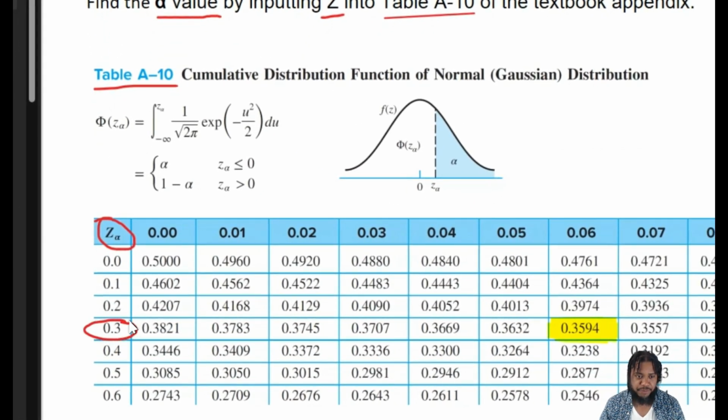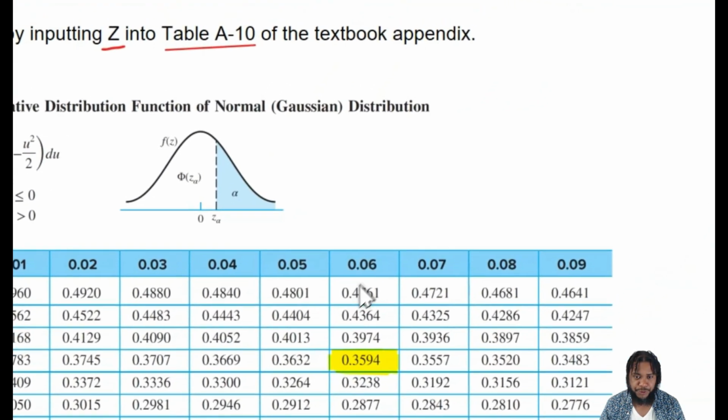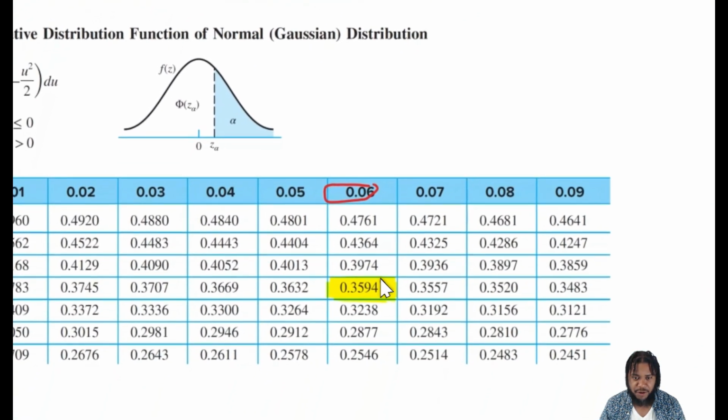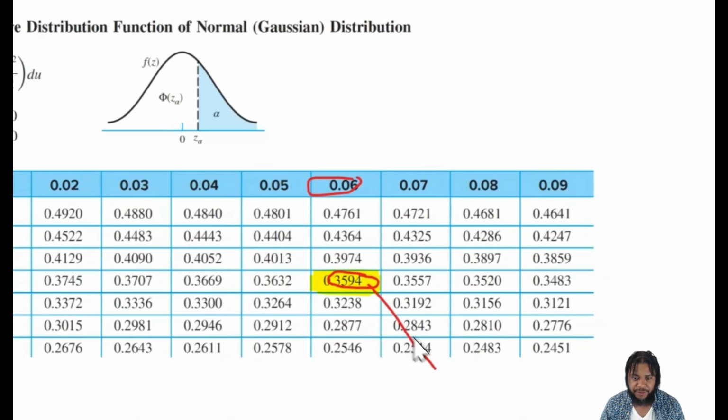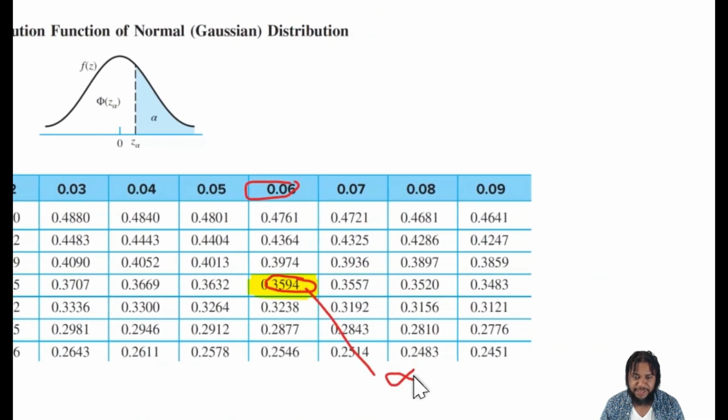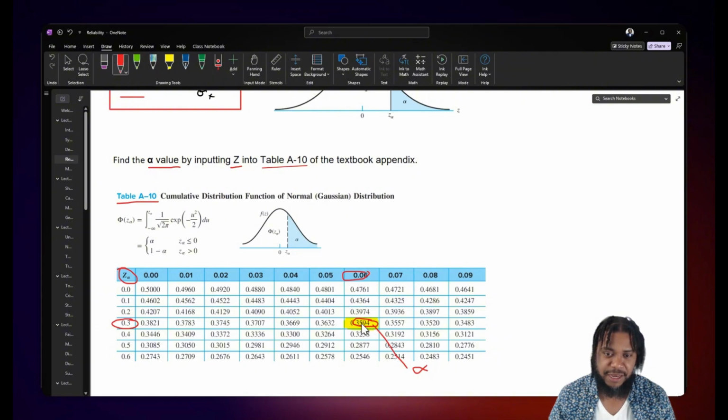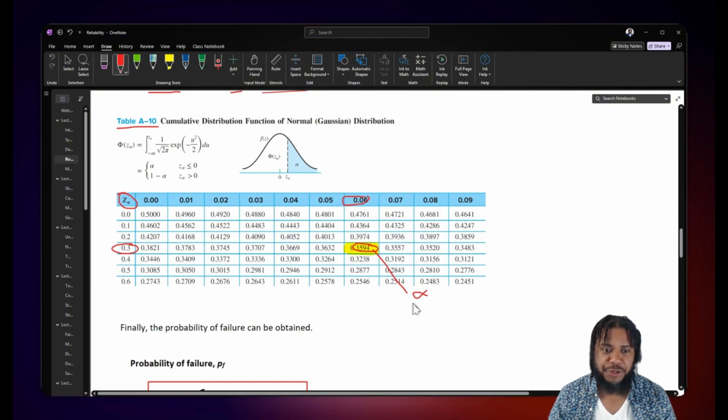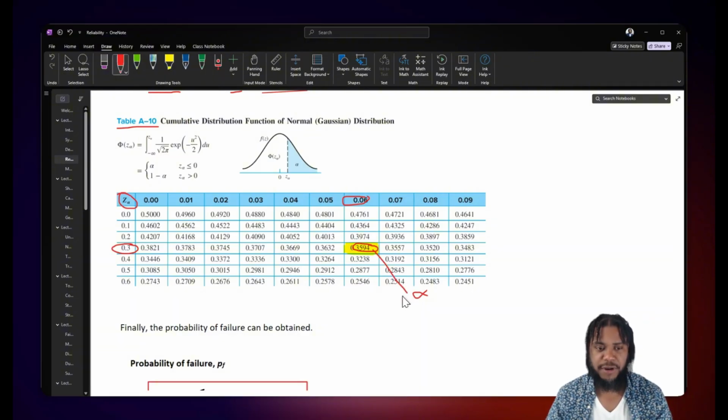Then we'll find the 0.3, we'll go over to 0.06, and now we've found the alpha value. The alpha value for that Z is equal to 0.3594, right? Now this is going to be important because this alpha value allows us to find the probability of failure for our product.